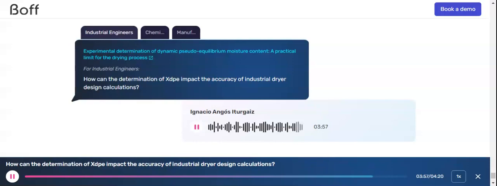Substituting the equilibrium moisture content for the dynamic pseudo-equilibrium moisture content in the moisture ratio equation, we obtain the practical moisture ratio, which is the appropriate expression for simulation and rigorous design of industrial dryers. This is because the practical moisture ratio contains the actual kinetic limit.